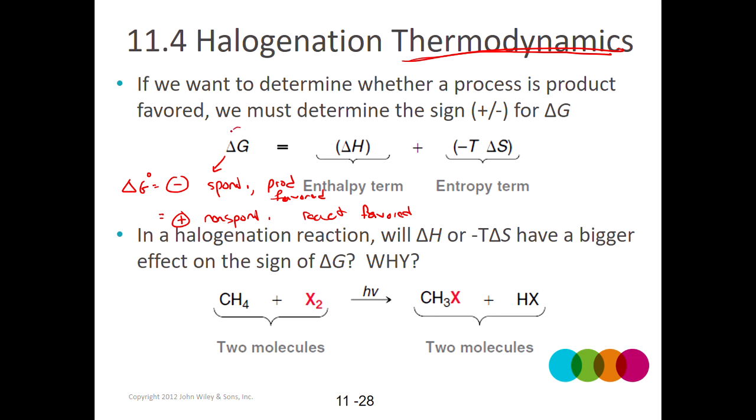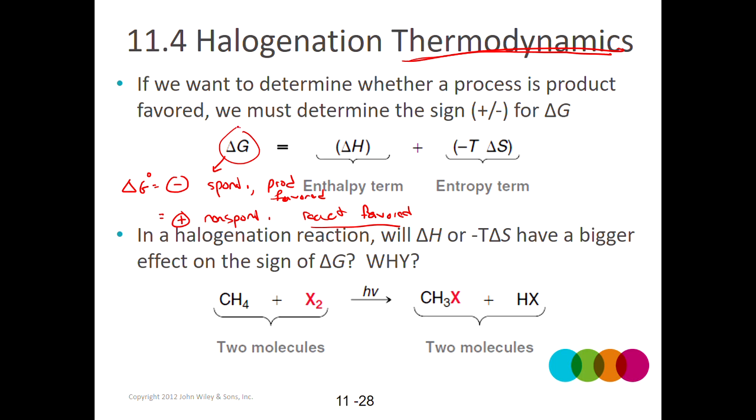So if we can figure out the sign for delta G for a reaction on paper, then we don't have to worry about running it if it's not even going to give us a product favored situation. If we want to make a product, we want to make sure our reaction can actually give us a significant amount of it when it reaches equilibrium, otherwise it's probably not worth doing.